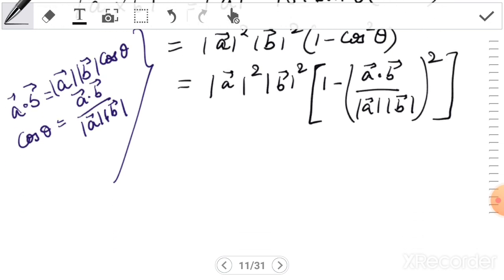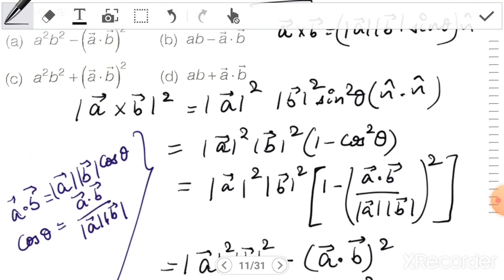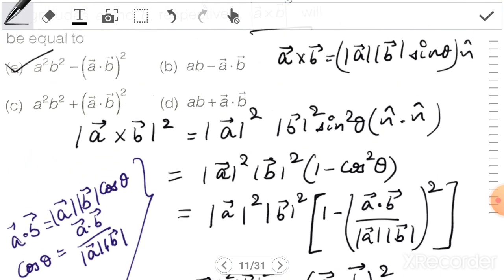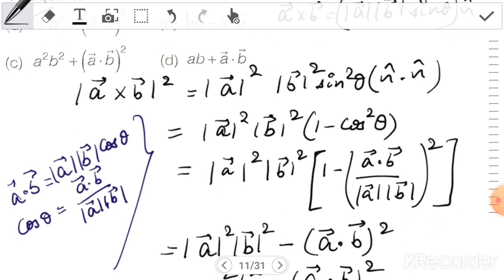Okay, so now if you simplify this, you will have A square B square minus A dot B square, right? So answer will be A. Okay, so let's go to the next question.